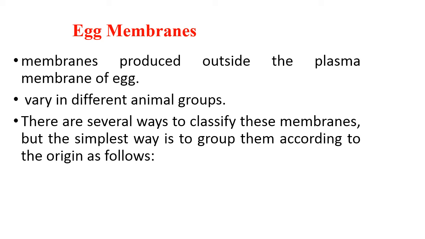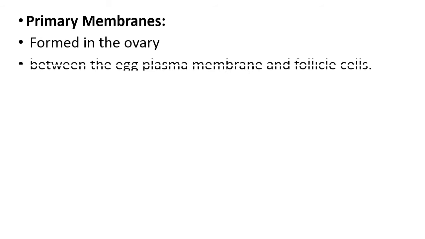But the simplest way is to group them according to primary membrane. Primary membrane is formed within the ovary. Once the egg is present in the ovary itself, it has a covering or a membrane, and that is known as the primary membrane, and it is present between the plasma membrane of the ovum and follicle cells.